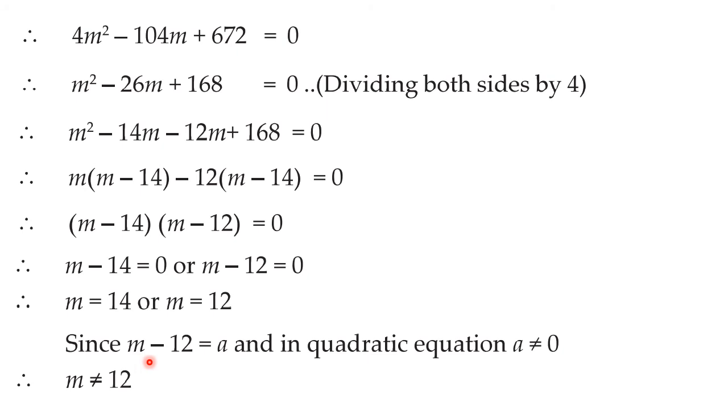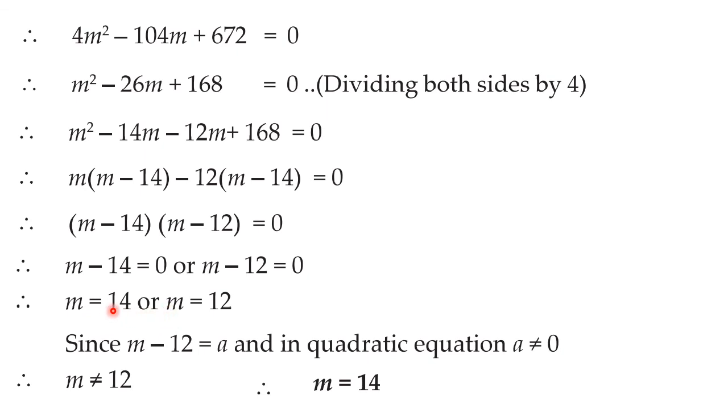Since here m minus 12 is a, if we take m as 12, then 12 minus 12 is going to become 0. And for a quadratic equation, a cannot be 0. Therefore the value of m cannot be 12, and the acceptable value of m is 14. You need to justify this here. Don't stop here.